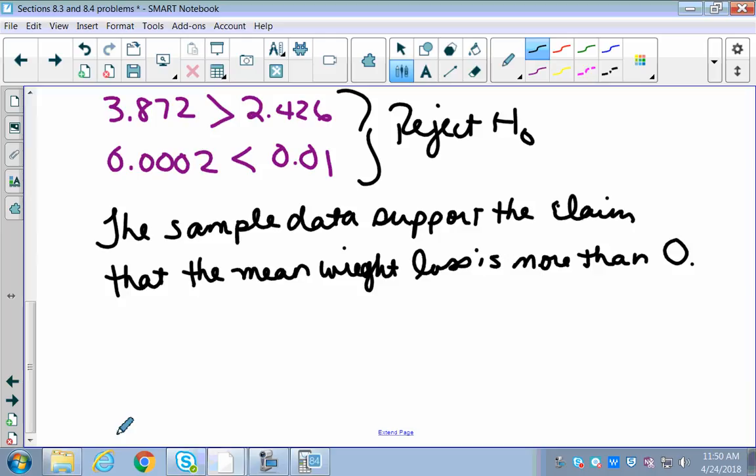How long do those people diet? A full year, and the average mean weight loss was 3 pounds. So does it have significant? No, not practical significance. Okay.